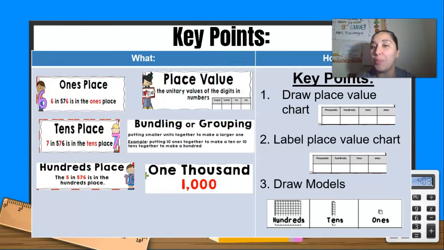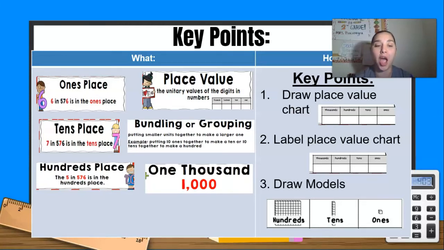So now let's talk about the key points. What steps do we need to follow today to make sure we're successful? Well, the first thing that we need to do is draw the place value chart. Key point number 2 is label the place value chart. And key point number 3 is draw models.